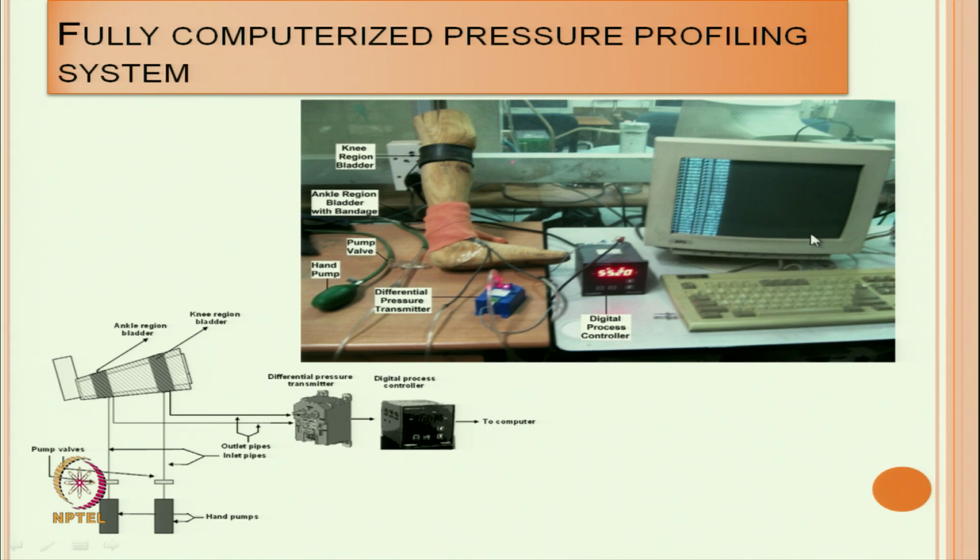This is the system photograph. Construction wise it is a similar construction, the air bladder is there, but the only change here is that instead of a manometer we have used the pressure sensor, which is connected with the computer.